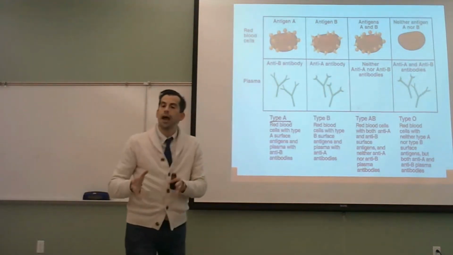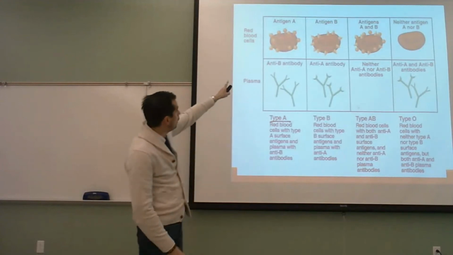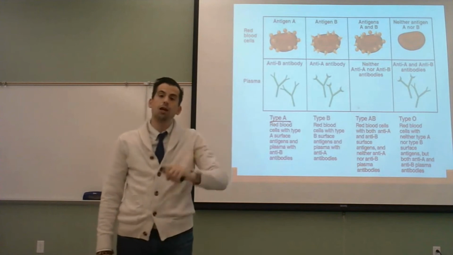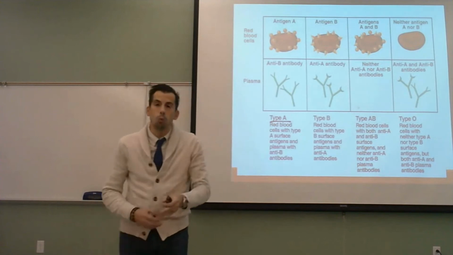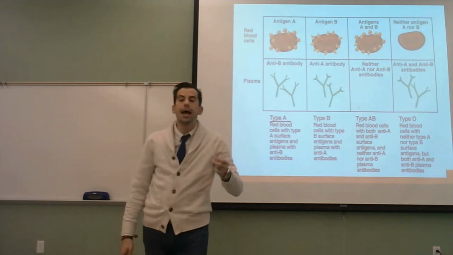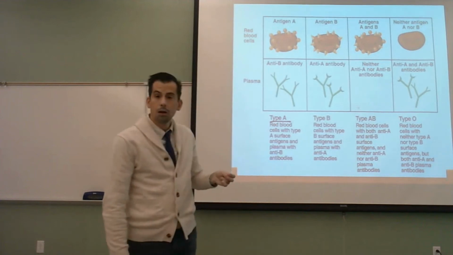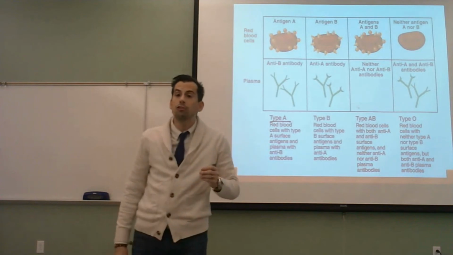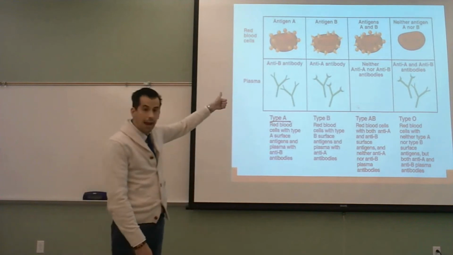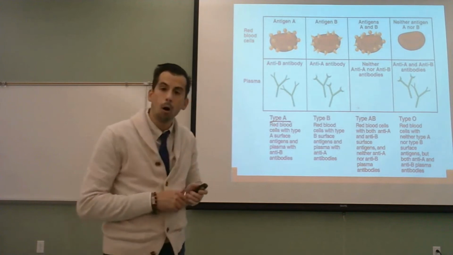Any discussion that you're going to have to know about blood typing has to include your knowledge of the presence or absence of the antigens, as well as the presence or absence of their complementary antibodies. So if asked, what does type A blood consist of? It's the A antigen and the anti-B antibody. You have to include both.